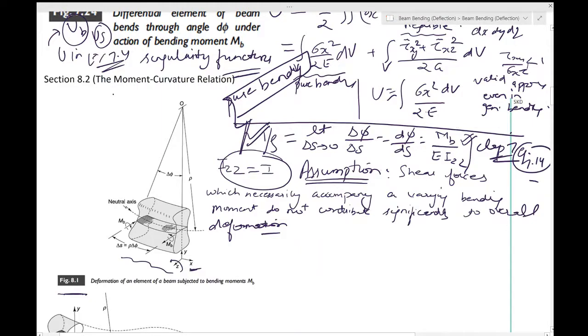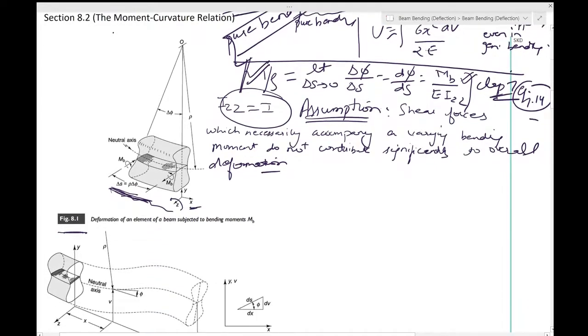If you can find out what M_B of x is, you can perform some integration and find d phi by ds, and we'll see how that relates to the overall deflection. The key lies over here. Let's see how that can be done.